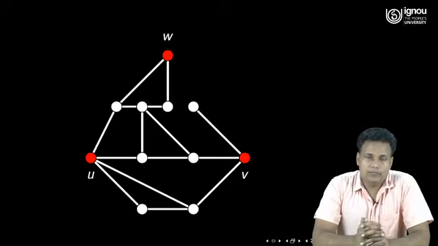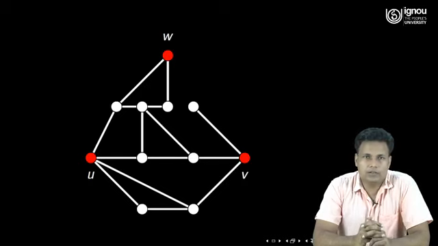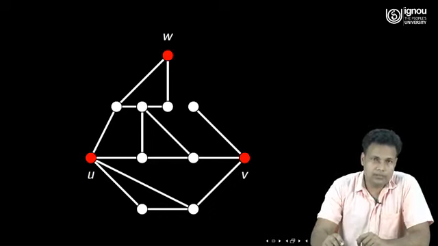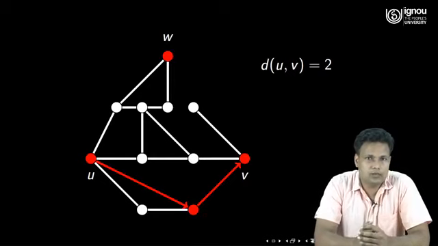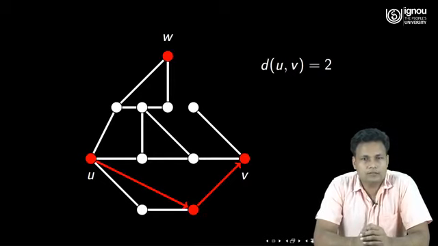Now look at this graph. Just concentrate on the 3 vertices, namely u, v and w. You can see that there are several paths from u to v, and the shortest path is this one shown in red edges.